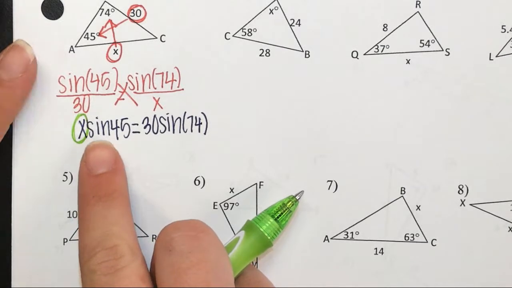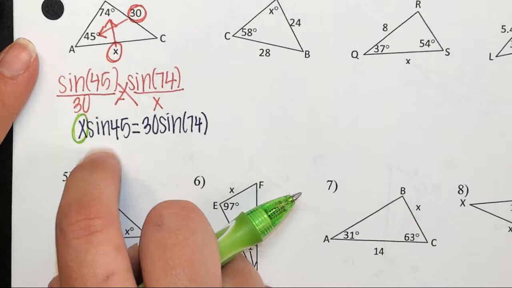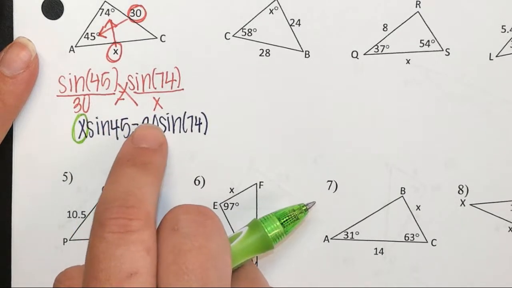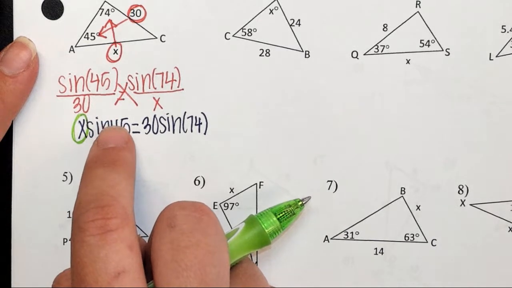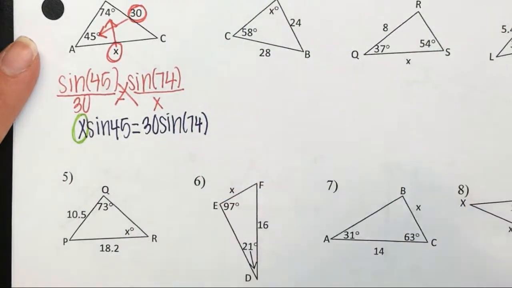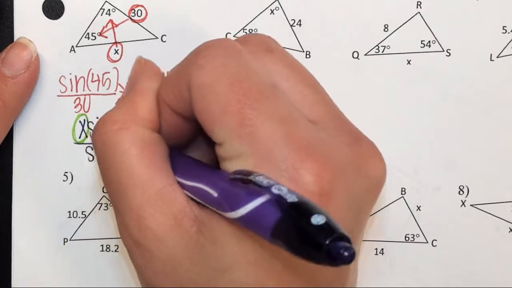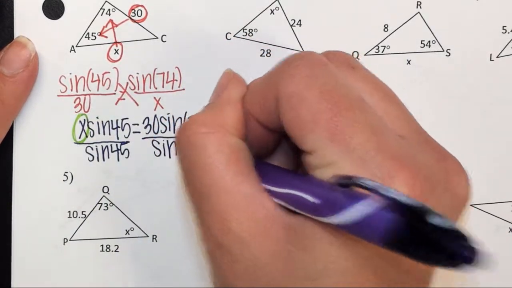Right now, which operation is in between the x and sine? Addition, subtraction, multiplication, what? Multiplication. What's the opposite of that? Division. So to get x by itself, we have to divide both sides by sine of 45.